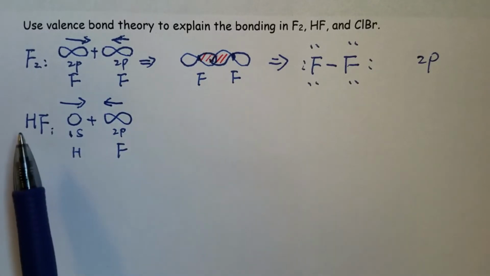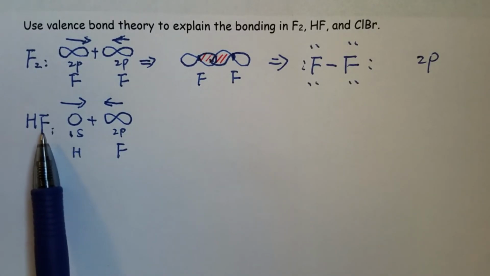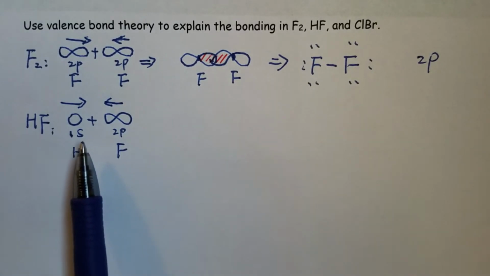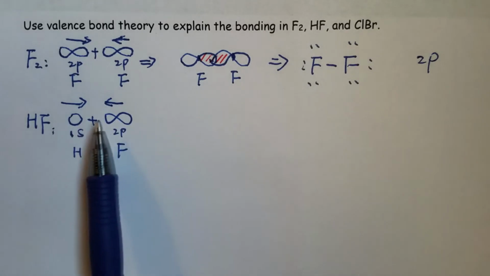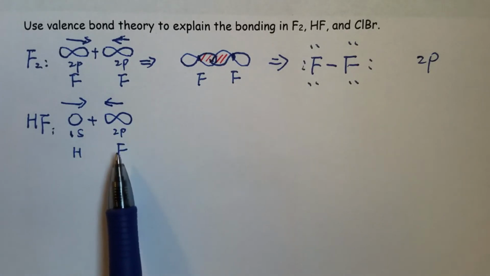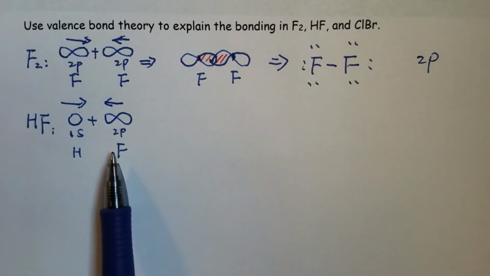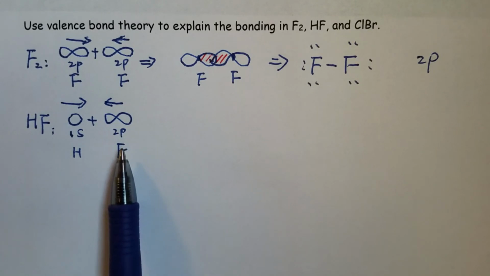Now let's take a look at the hydrogen fluoride molecule. One hydrogen atom, with its one s orbital, approaches the 2p orbital of a fluorine atom.